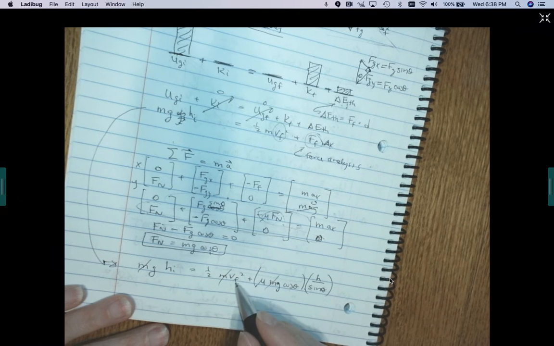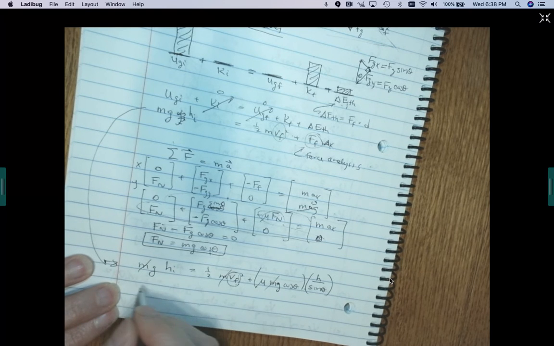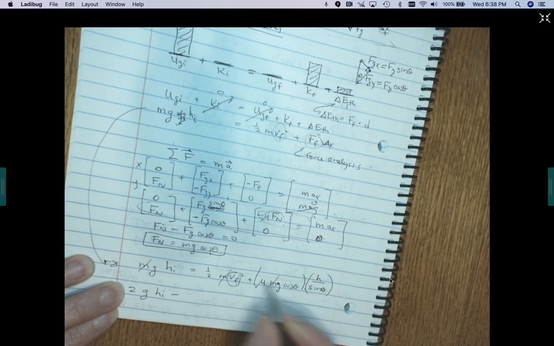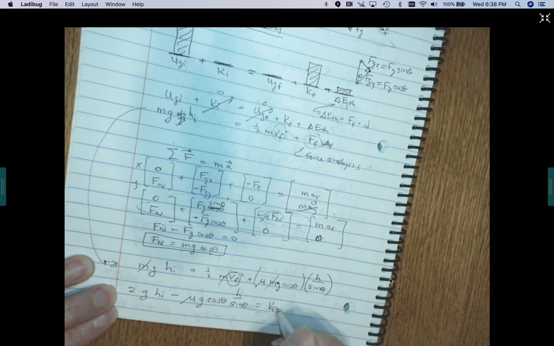We want to multiply through by 2, because we're trying to get v final by itself. So if I do that and subtract this term, I get 2g h initial minus mu g cos theta h over sine theta equals v final squared.